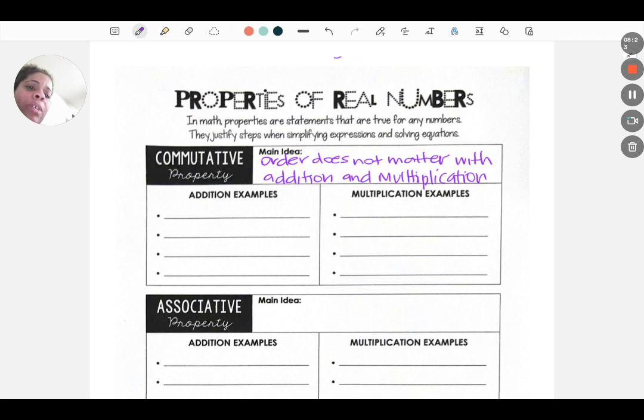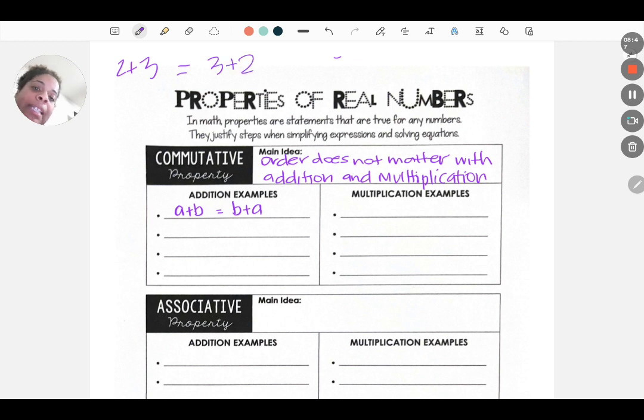Okay, so if we do addition, we can do A plus B is the same as B plus A, right? If it were 2 plus 3, right? 2 plus 3 is the same as 3 plus 2, right?